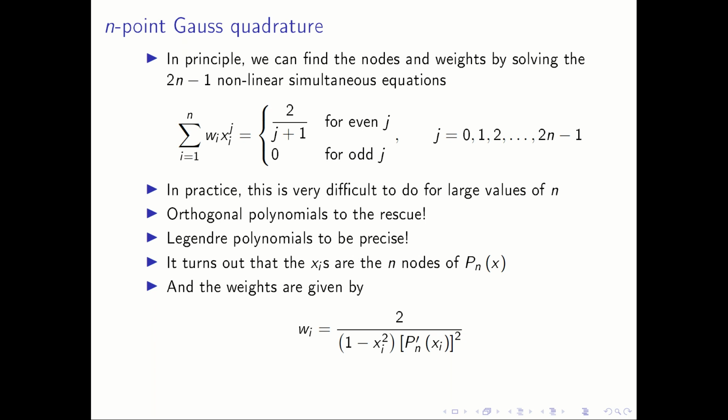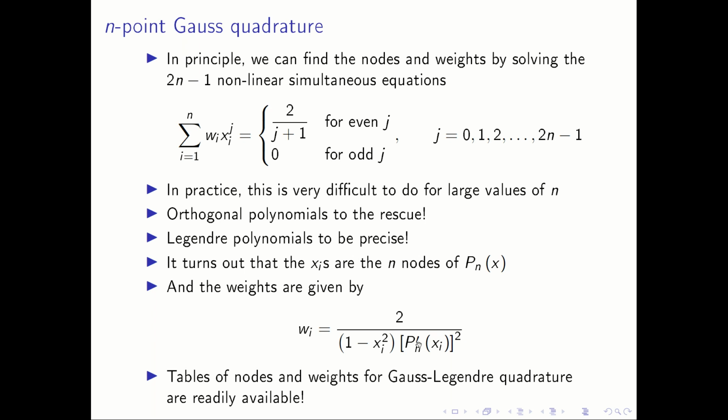In fact, you can find results for pretty high values of n, 32 points, 64 points, 128 points. These are pretty easy to come by. Just Google it up. So these tables are readily available, and when we actually go on to program this, we are actually going to use these tables.